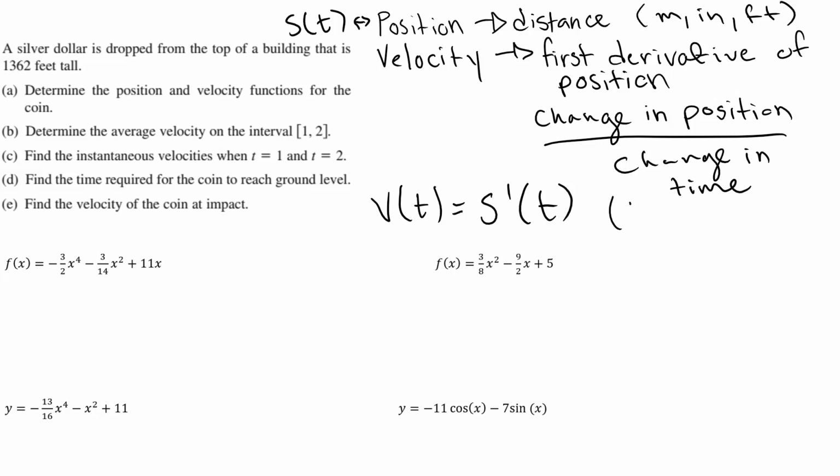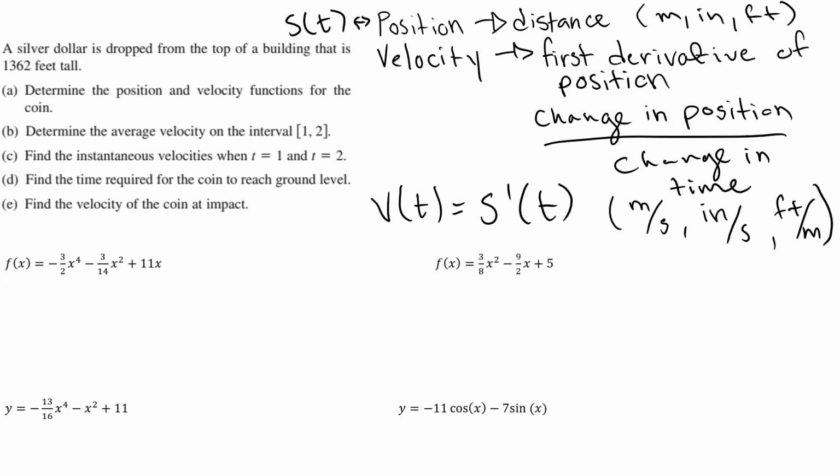Units for those would be like meters per second, inches per second, feet per minute, anything that's a measure of distance over a measure of time. Right? So that's just a quick explanation of why velocity is the derivative of position and talking about some of the units we'd be looking at there.